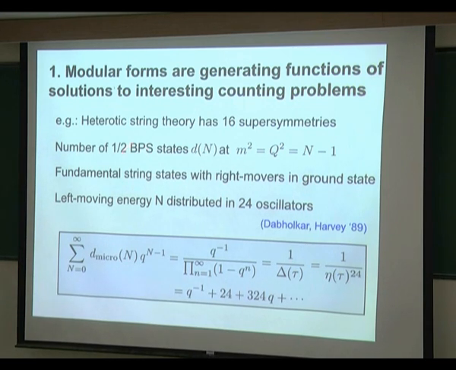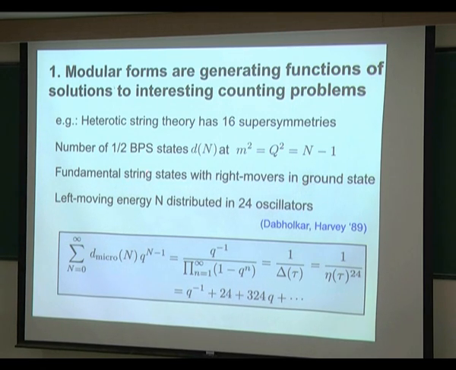Because these things are supersymmetric, the mass square is equal to the charge square. This question was answered by Dabholkar and Jeff Harvey, and they said that all these states actually take the form of just a fundamental heterotic string. When the string coupling is very weak, the left and the right movers are decoupled, and supersymmetry tells you that the right mover should be put in the ground state, and that will ensure this condition.